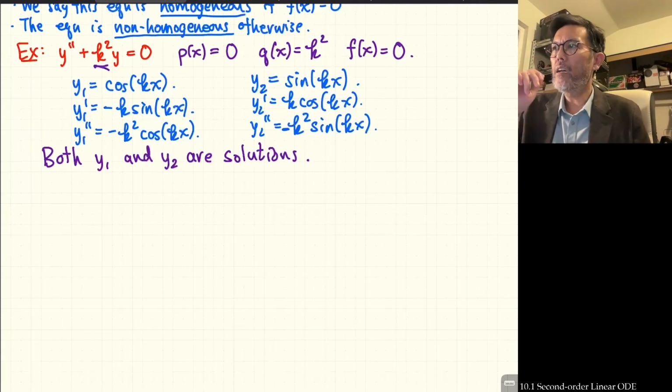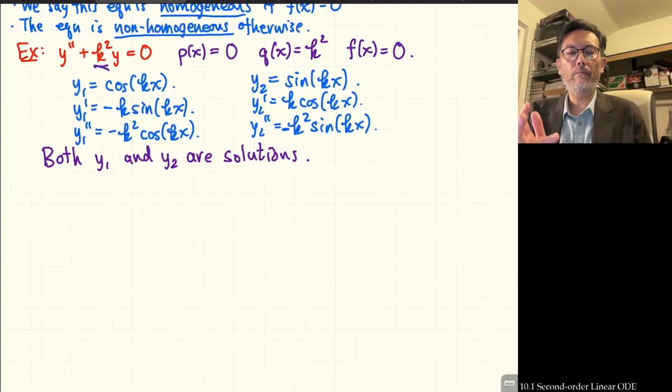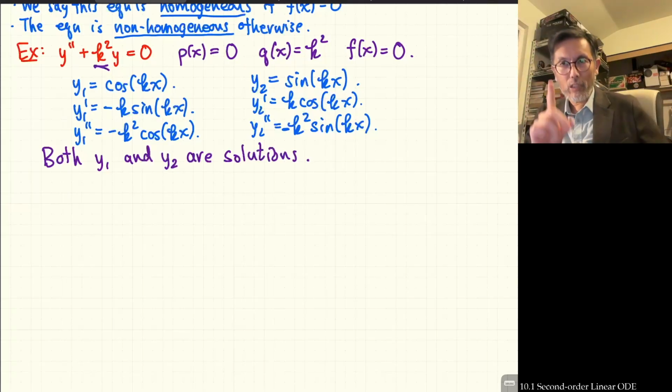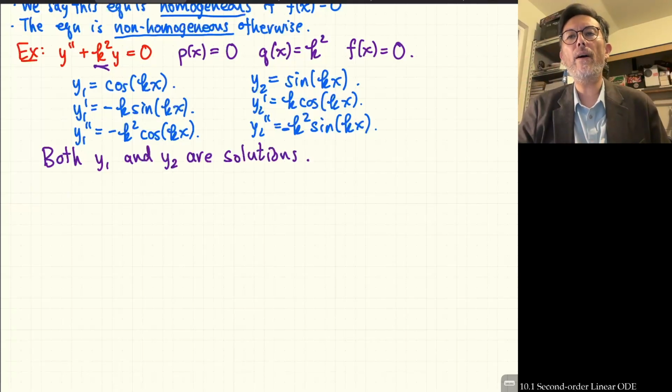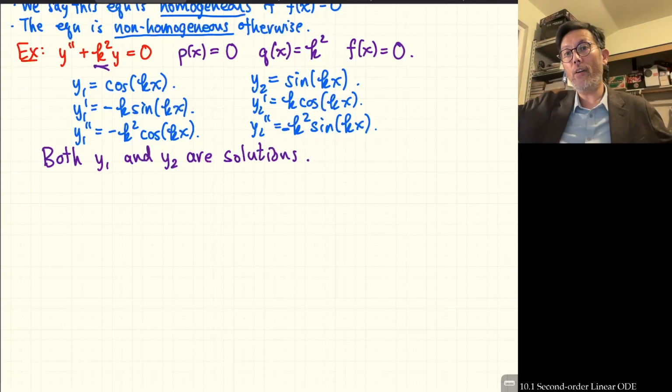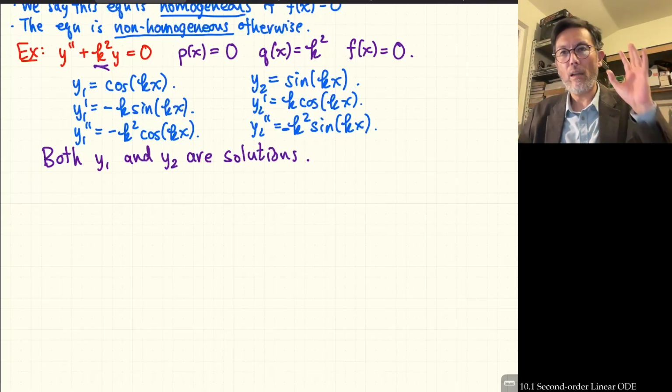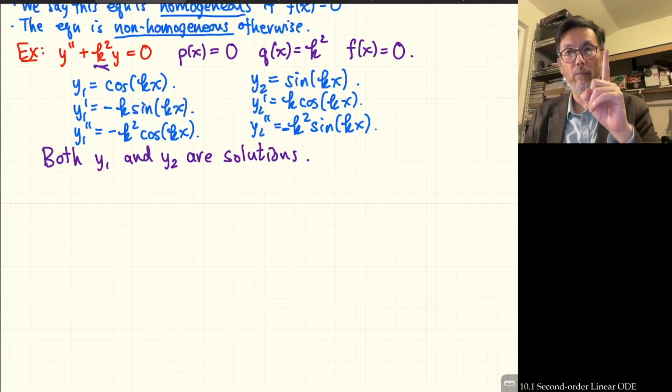But typically there, we saw that there was kind of a one-parameter family, an infinite family that is parameterized by a single constant.